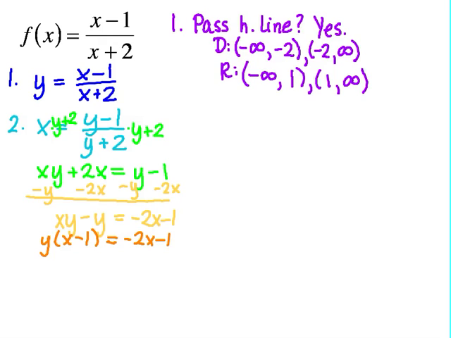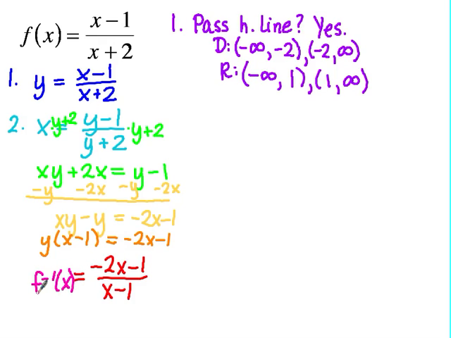I've got to divide that by x minus 1. And so my new equation for my inverse will be negative 2x minus 1, y equals, divided by x minus 1. I'm just going to change that so that it says f inverse.